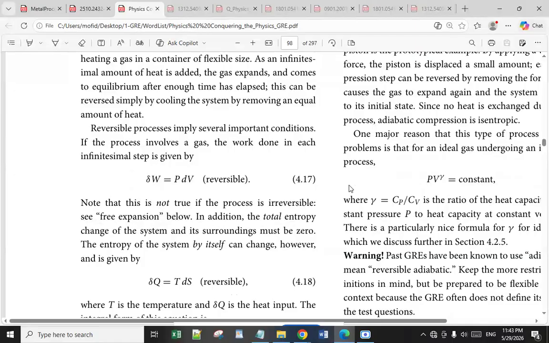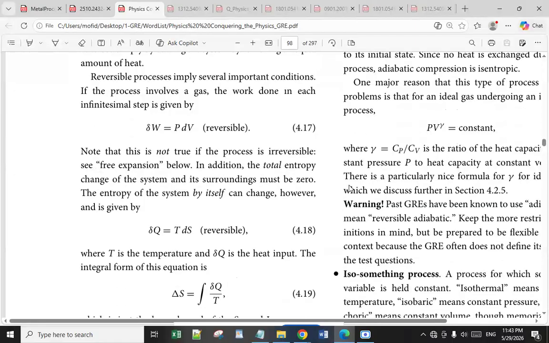A reversible process implies several important conditions. If the process involves a gas, the work done in each infinitesimal step is given by dW = P dV. This is for a reversible process.